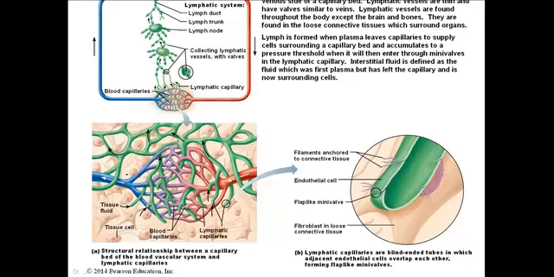So here's what it looks like. We have a capillary bed here. Here's the inflow, and here's our thoroughfare right here. Here's the capillary bed. A lymphatic vessel is blind-ended. If you look over here, this is blind-ended. It doesn't run through a capillary bed.